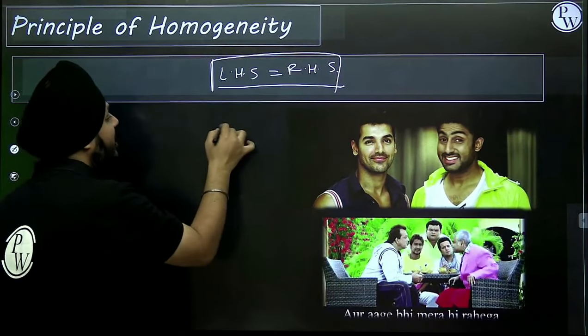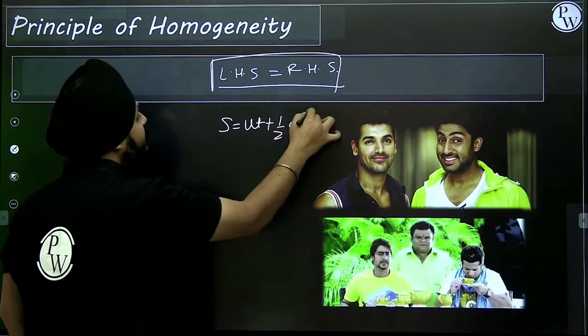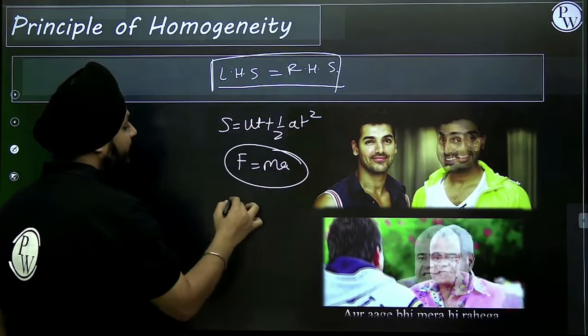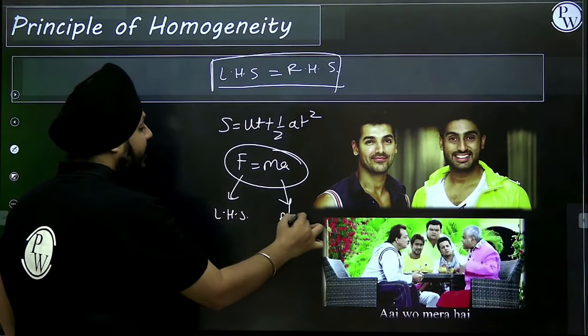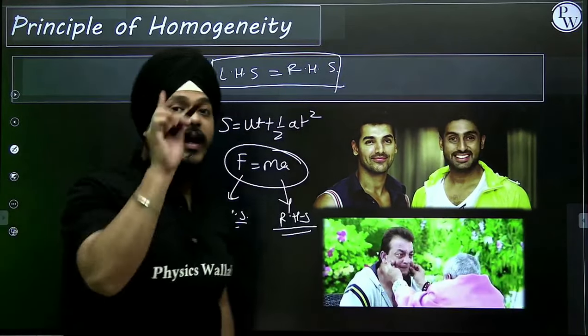Suppose I'm writing the equation F is equal to MA. F is the LHS, the product of MA is the RHS. So LHS is equal to RHS is dimensionally valid.